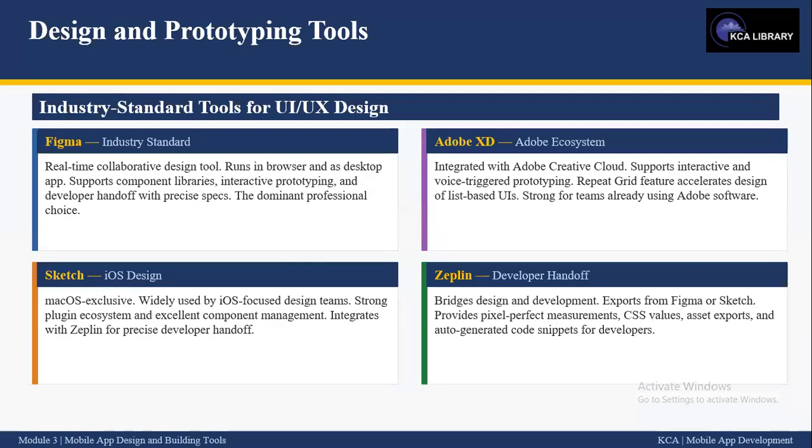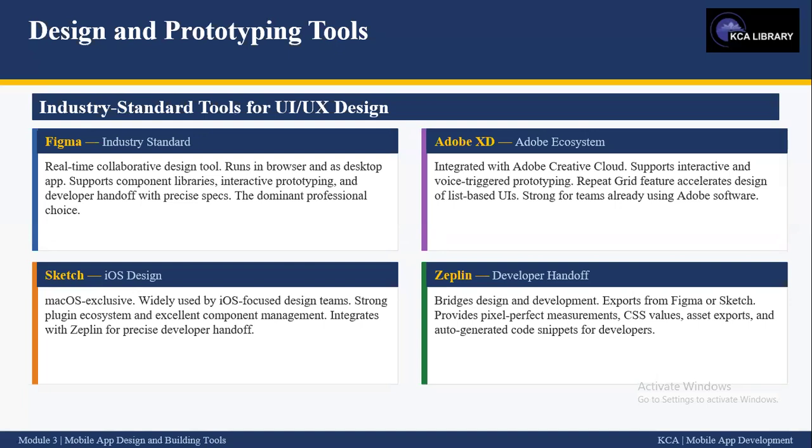Design and prototyping tools. Design and prototyping tools play a critical role in translating ideas into visual interfaces. Tools such as Figma enable real-time collaboration and interactive prototyping, making them the industry standard.